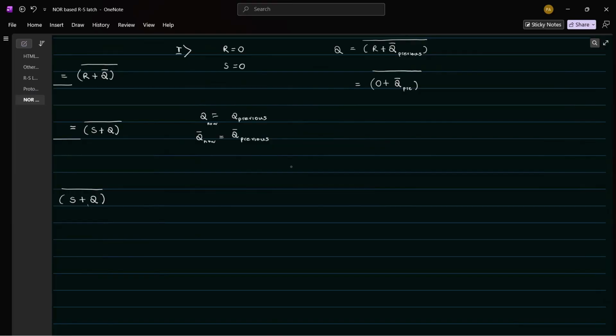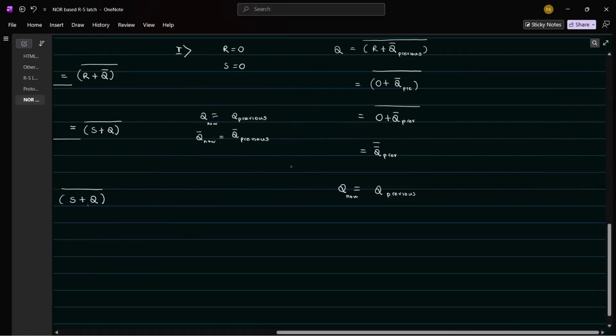Then we have (0 plus Q bar previous) whole thing bar. That is Q bar previous bar bar, so that is equal to Q previous. So we have now achieved Q now is equal to Q previous.